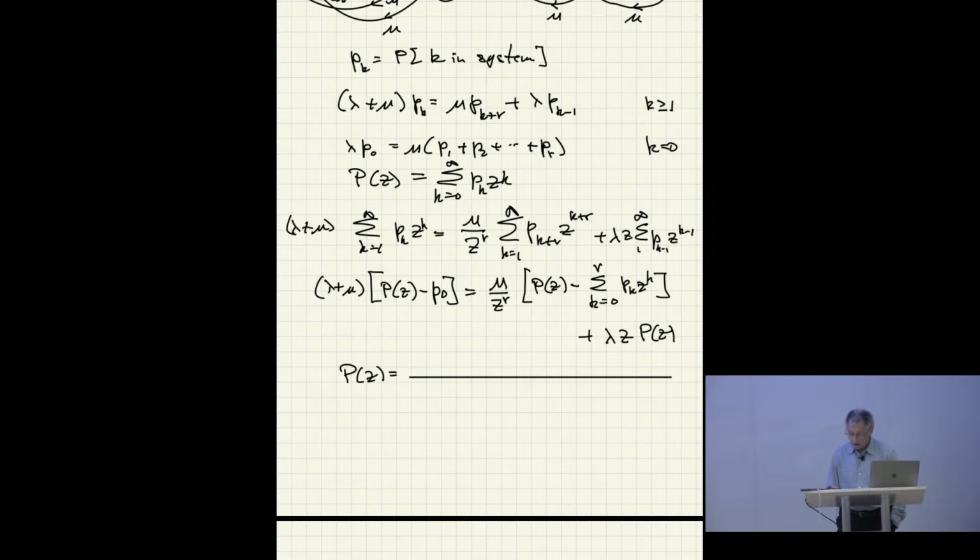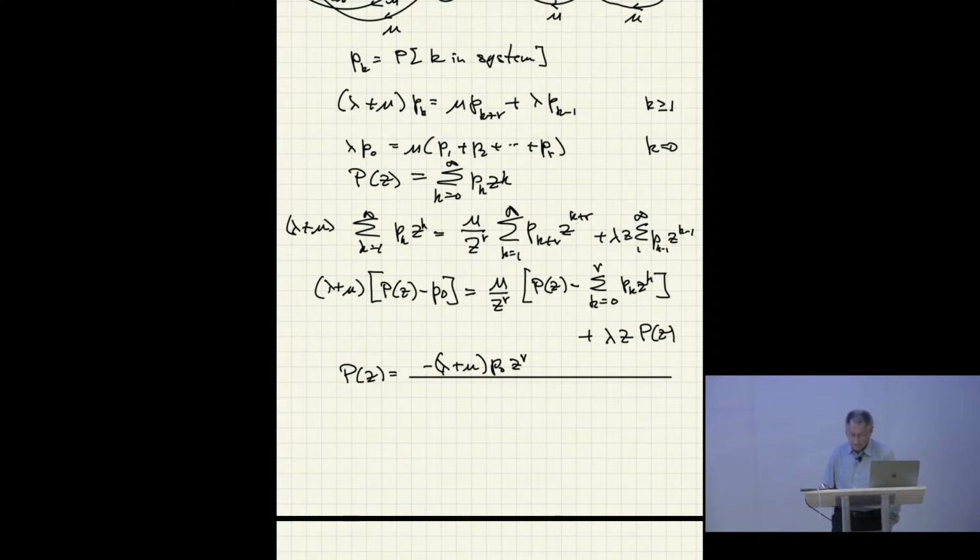And this equation is just asking for me to multiply by z to the r, so I will. So I'm going to be left with lambda plus mu P0 z to the r on the right-hand side. And it's a minus sign since it's going to the right-hand side. Minus lambda plus mu P0 times the z to the r I multiplied by.